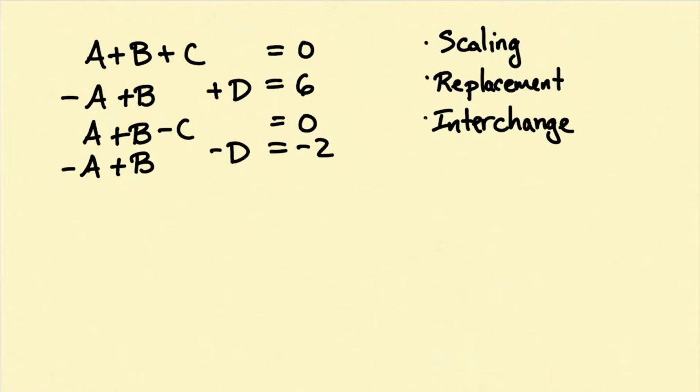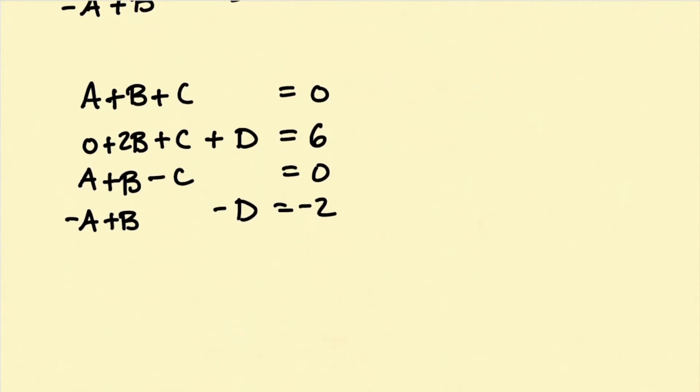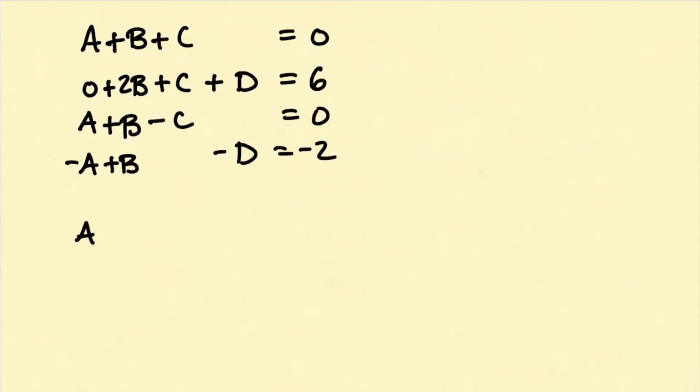My first goal is to use one of the equations to get rid of the rest of the A's. I'm going to use the first equation. To get rid of the A in the second equation, I can add the first equation to the second equation. That's a replacement.